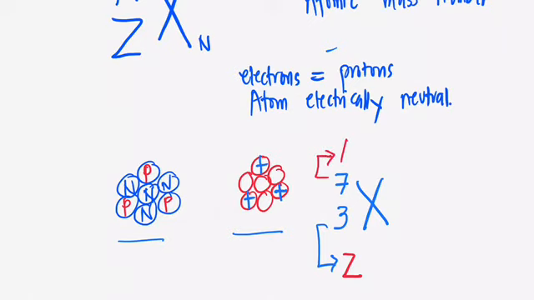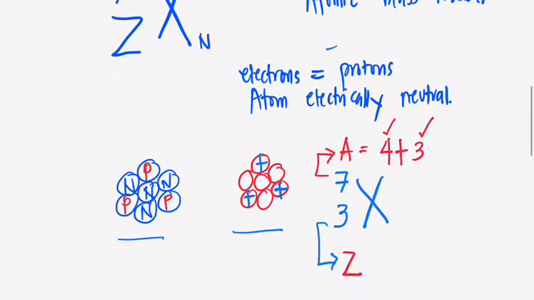So this is the A. We have the number of protons and the number of neutrons, and that is the total. So we now have the 7.